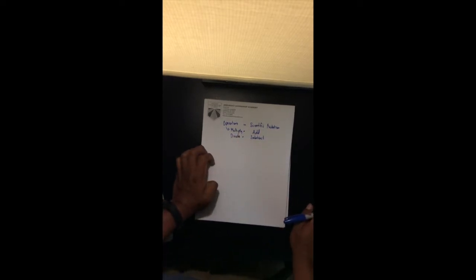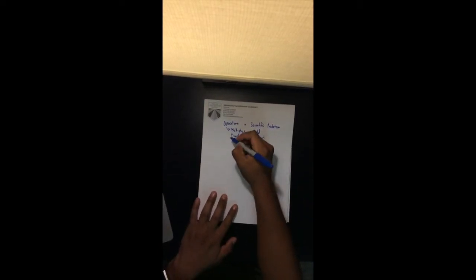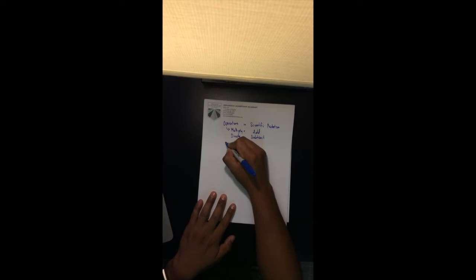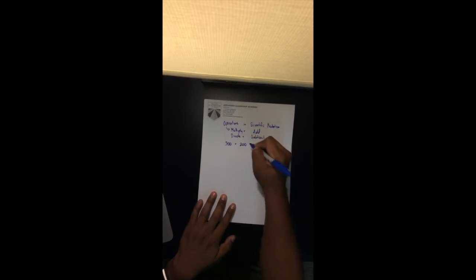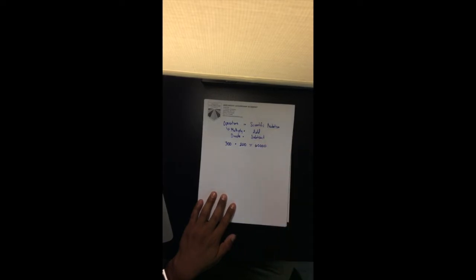So let's just take this for example. Let's say we had, I don't know, let's do 300 times 200. Pretty basic numbers, right? If you multiply them, you get 60,000. Okay? Pretty easy. But remember, we are working in numbers in scientific notation.